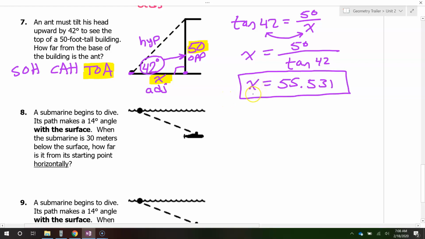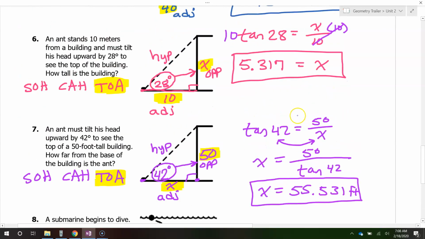Now I'm belatedly remembering that units are important when you're doing word problems. So I'm just going to scroll through real quick and add units to everything. So let's see, 50 feet tall. So this problem number 7 was in feet, so I should put feet right there.